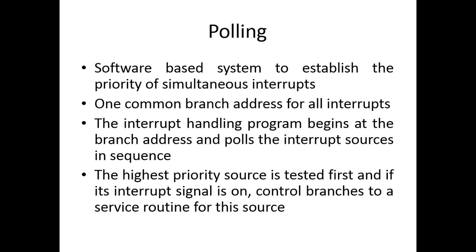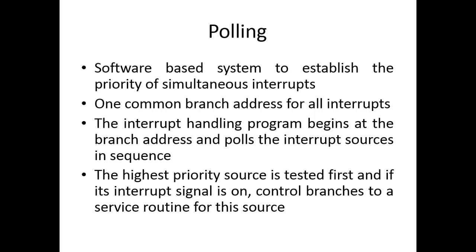Here one software-based system is used to establish the priority of simultaneous interrupts. Whenever simultaneous interrupt requests come, the control always jumps to one common branch address. This common branch address is actually the first location of an interrupt handling program. This interrupt handling program is responsible for polling the interrupt sources in sequence.